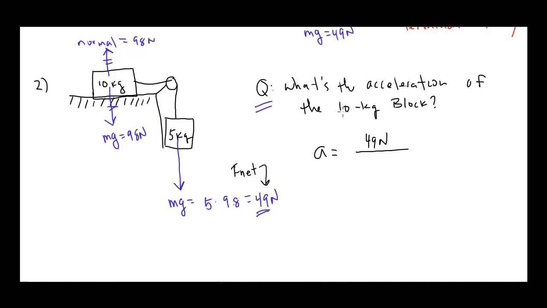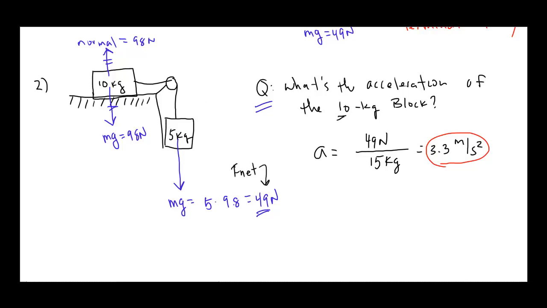Well, you might be tempted to say that the mass is only 10, but remember, this 10 kilogram mass is not the whole system. The whole system is the 10 and the 5 put together. In other words, the whole mass is the 15 kilograms, 10 plus 5. So if I calculate this out, I get 3 1/3 meters per second squared. That right there is the acceleration of the whole system, and therefore the acceleration of the 10 kilogram block.